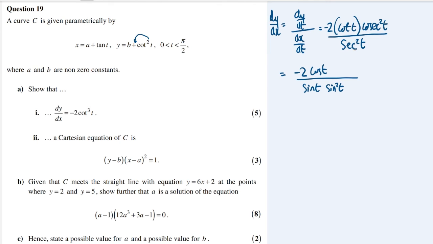And sec squared is 1 over cos squared, but we're already on the bottom, so that means it's the same as cos squared on the top. So that's cos squared on the top. So this gives me minus 2 cos cubed t over sine cubed t, which is the same as minus 2 cot cubed t.